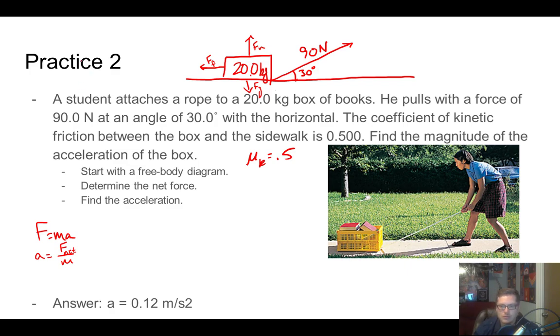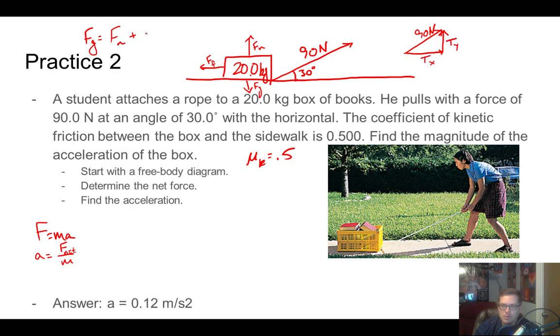So the force of gravity has to be equal to the force of the normal plus the vertical part of the pull. We've got a 90 newton force pulling up like this, and this is a resultant of two components, an x component and a y component. We'll call them tension y and tension x.